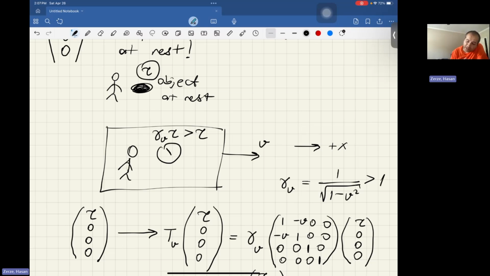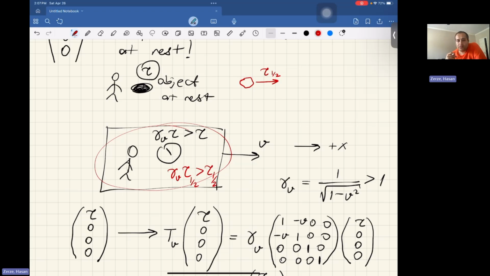Let me give you a physical example. Suppose there's a radioactive element that is decaying, and it has a half-life of tau 1/2. According to this observer, the measured half-life of the object will be gamma v tau 1/2, which is larger than the half-life of the object when it's at rest.